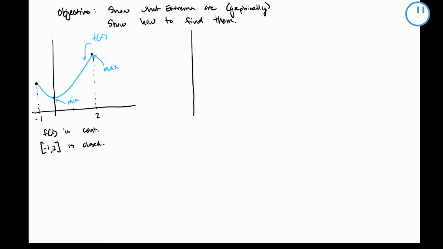So let's go ahead and redraw this graph one more time. And we have a -1 here, a 1 here, and a 2 here. And I'm going to redraw our function f of x. It's going to look something like that. And I'm going to add a discontinuity here and a discontinuity here, but it is defined right here.